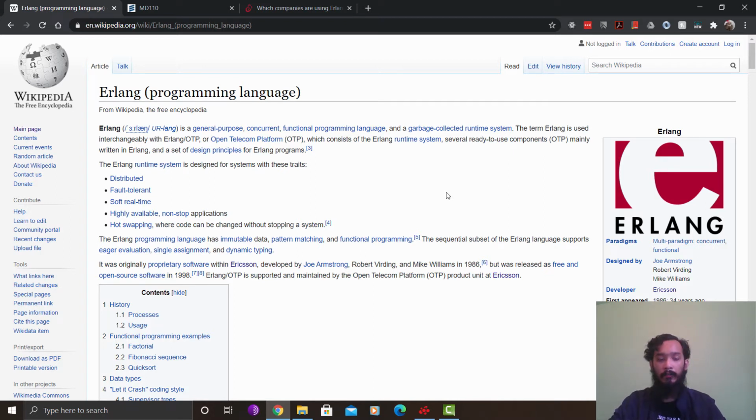And so in the early 80s, what they really wanted to do was they wanted to build a system, the next generation of telecom systems really. And they were looking for certain characteristics in these systems. For example, they needed these systems to be highly fault tolerant, highly available. You couldn't afford to shut these systems down even for maybe a second, because that's a huge loss for businesses, for them and for their customers.